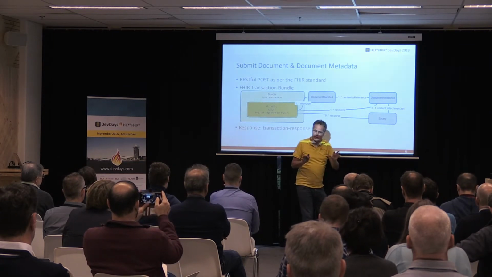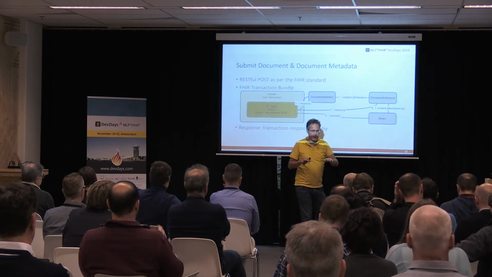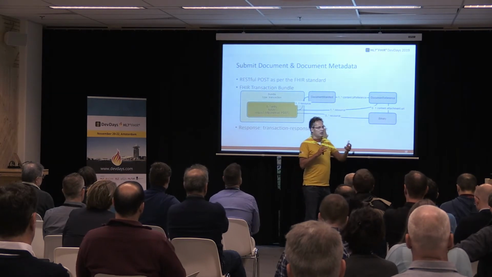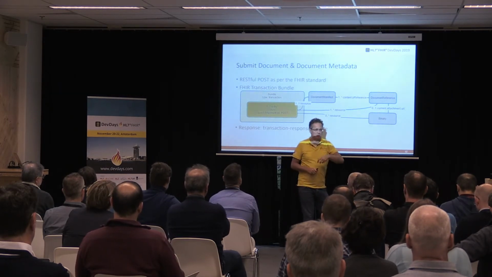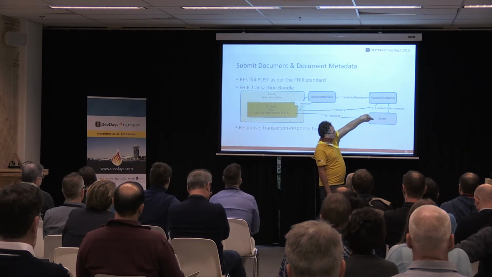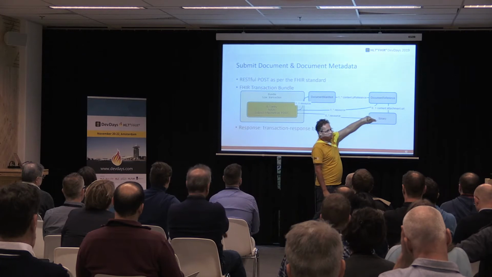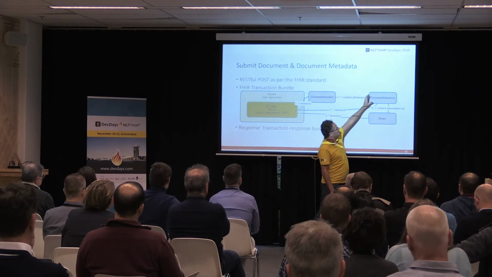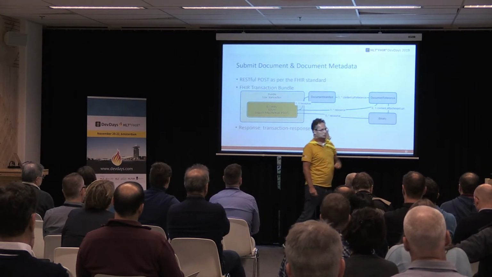And given that XDS doesn't actually specify what MIME type to use for a document, it could be PDF, it could be CDA, it could be a movie, it could be anything really, that's specified as part of the binary resource. So that's the general solution, document metadata and the actual binary.